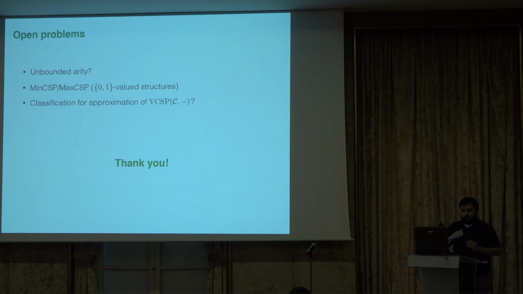And actually, we note that in that case, we can go beyond bounded tree width modulo valued equivalence. But we don't know what the boundary is. And the same for approximation. We know that if we consider constant factor approximation, we can go beyond bounded tree width modulo valued equivalence, but we don't know precisely what the boundary is. So that's it. Thank you.